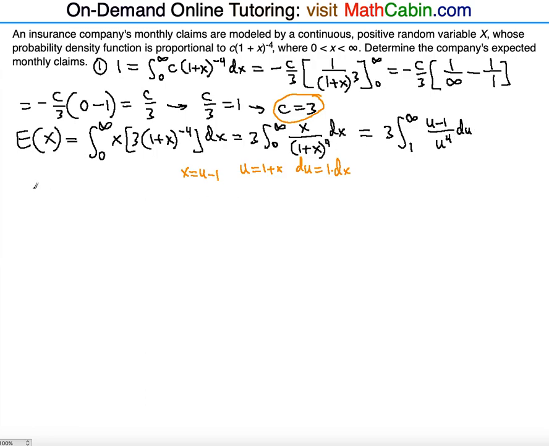du. Notice that we're going to have two different integrals, u over u to the fourth minus 1 over u to the fourth. Two separate integrals. So let's write it as u over u to the fourth is 1 over u to the third, which is u to the negative 3 du.